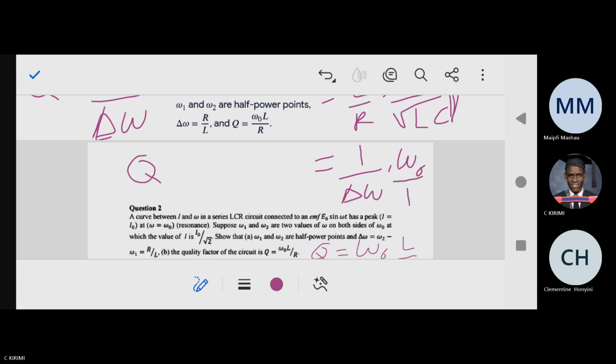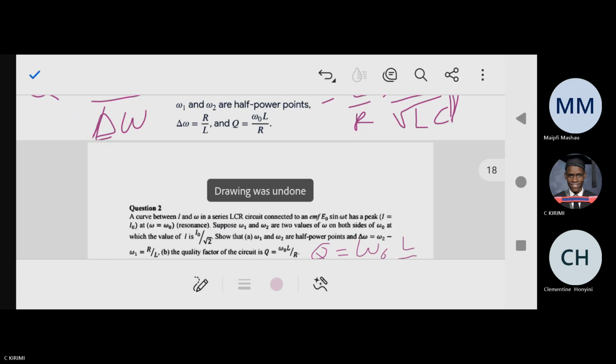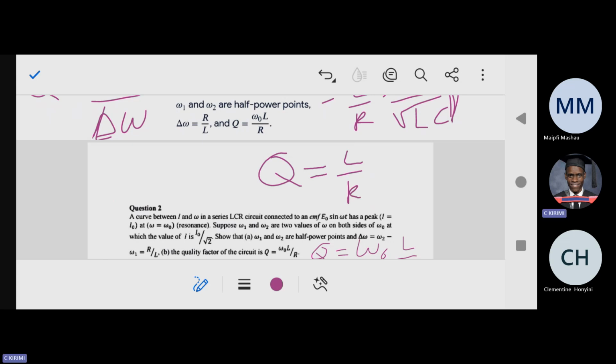Q is equal to numerator W naught, denominator change in omega, which is the same as W naught multiplied by L over R. So you just end at that point. You just end here where it says Q is equal to L over R multiplied by W naught. That's what we've been told we are supposed to prove.